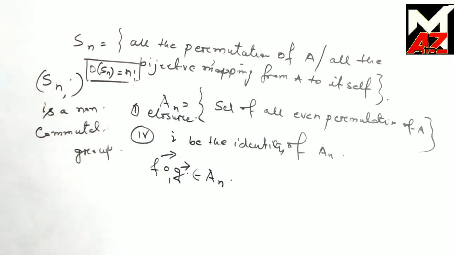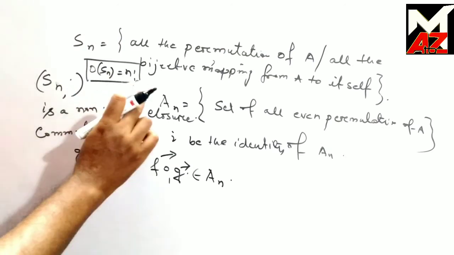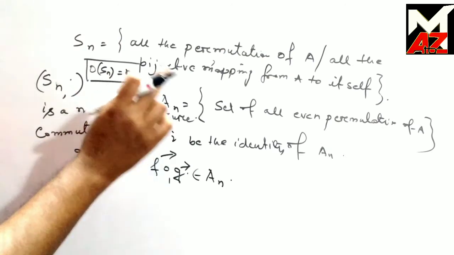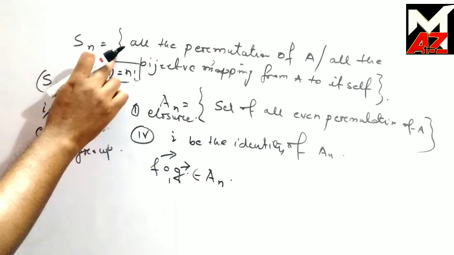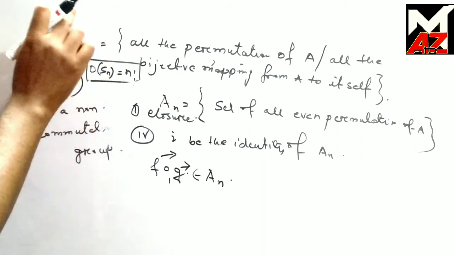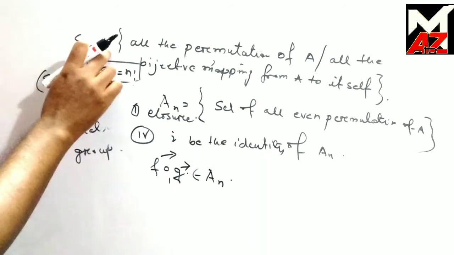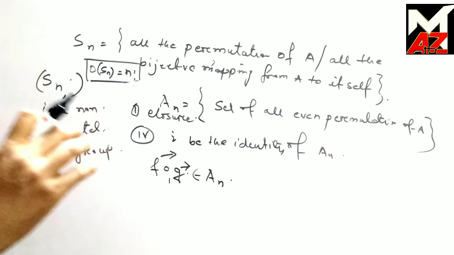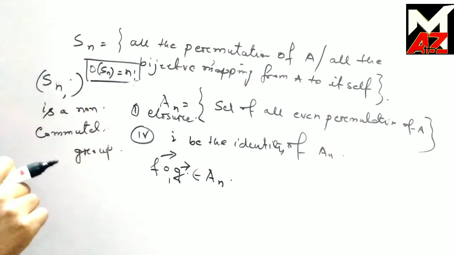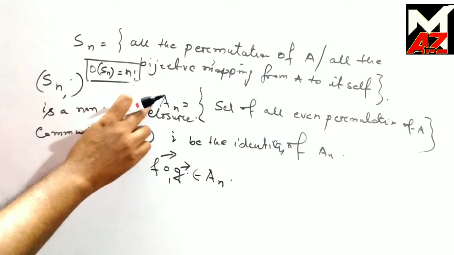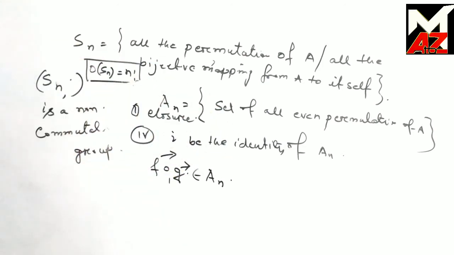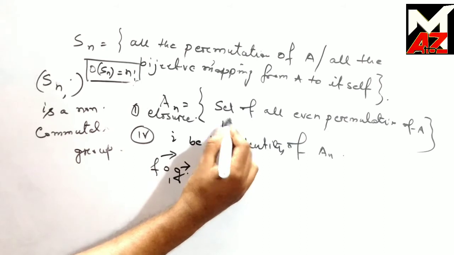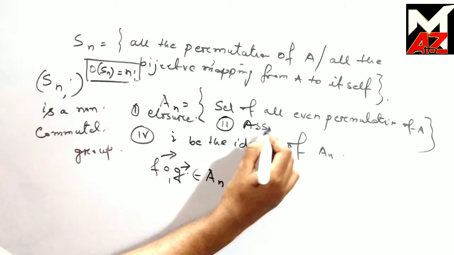Closure holds. And since An is a subset of Sn, which is the mother set, and in the mother set the associative law holds, and the associative property is hereditary, so in An the associative property must hold. So the second property also holds, associative.